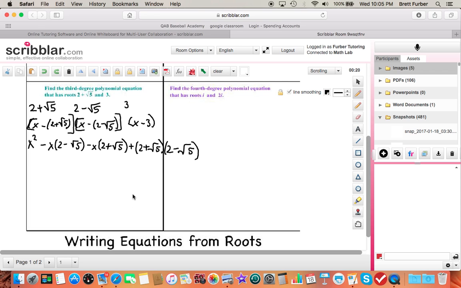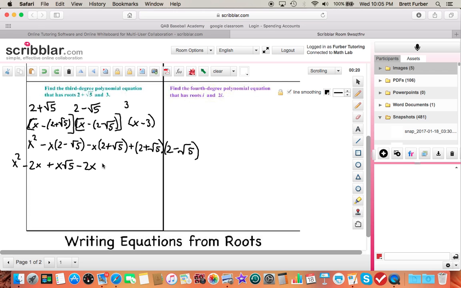So now I have to simplify this. These two here are going to involve distributing, and then this one is going to involve FOILing. So x squared, and I'll tell you what, I'm going to kind of jump this over a little bit. Negative x times 2 is negative 2x. Negative x times negative square root of 5 is going to be positive x square root of 5. Negative x times 2 is negative 2x again.